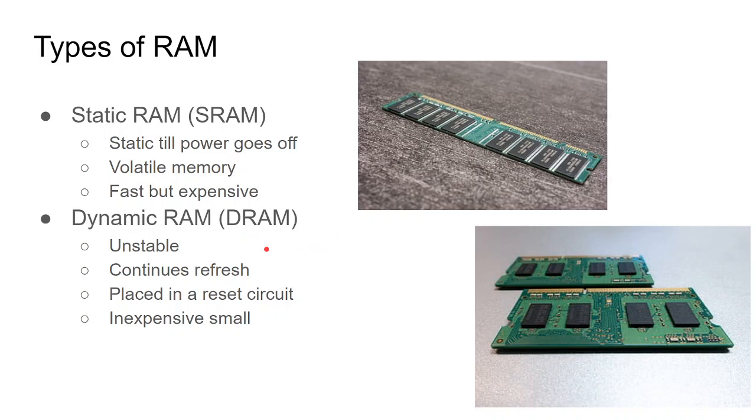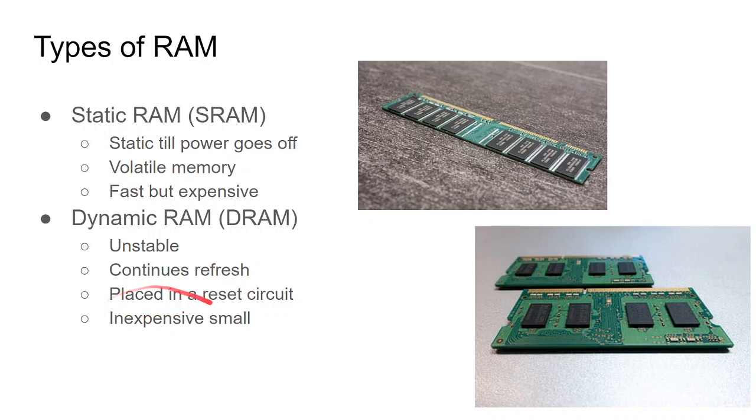Dynamic is named because this needs a continuous refresh. That is, around 100 times per second it has to be refreshed. Refresh means you need to give the data hundreds of times in 1 second. It's like remembering. We keep saying to people, see, do this, do this, do this, every time we are reminding.